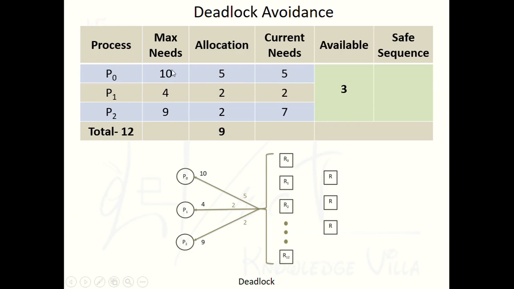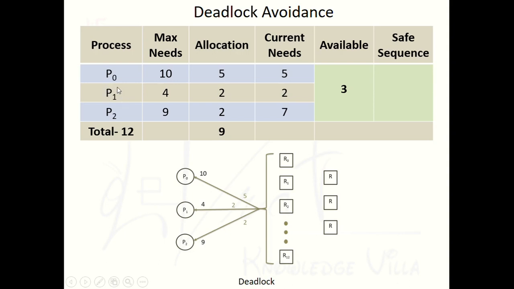Now see here, the maximum need of P0 is 10 resources and allocation is 5. If we subtract 5 from 10, 5 resources are still required by process P0. Process P1 requires 4 resources and the system has allocated 2, so 4 minus 2, 2 resources are still required.